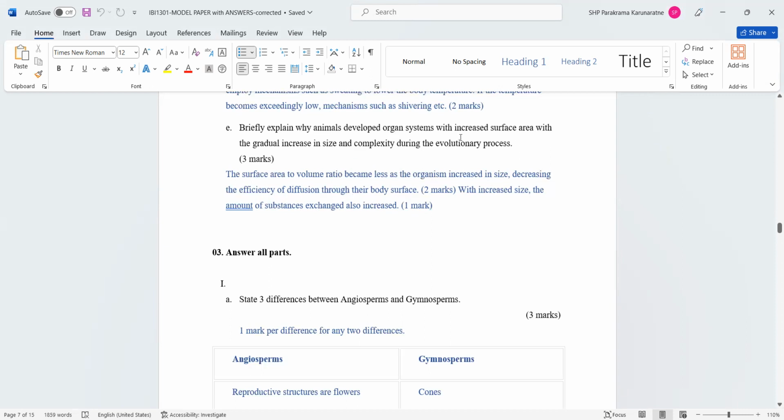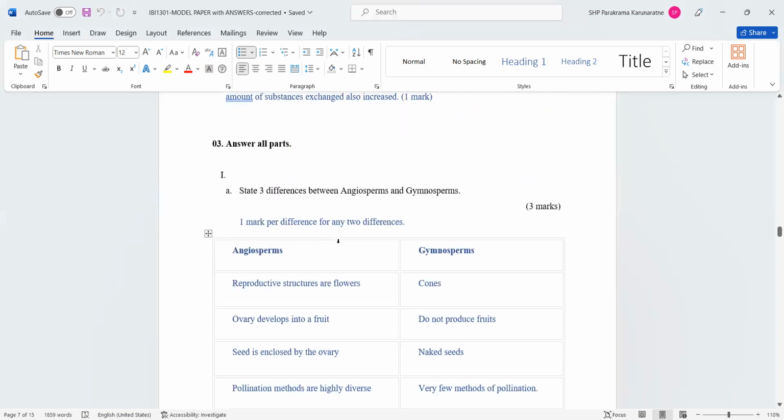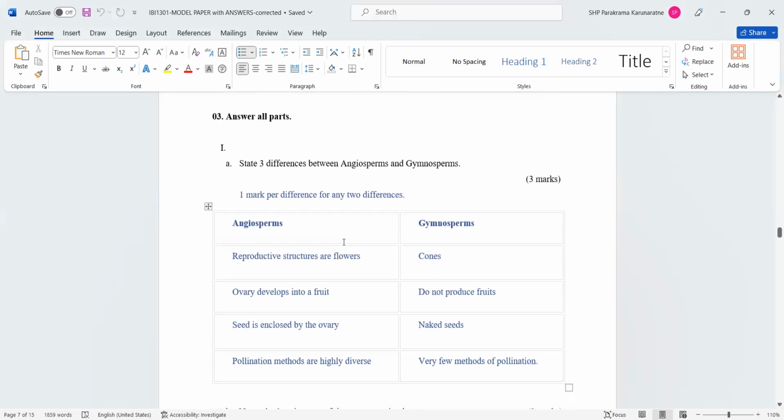Therefore, you need increased surface area, so animals develop organ systems, invaginations, and foldings inside the body, so that it increases the surface area which can be used to exchange things with the outside environment, right? Okay. So if you have the correct answer, then you can get 3 marks. Answer all parts.